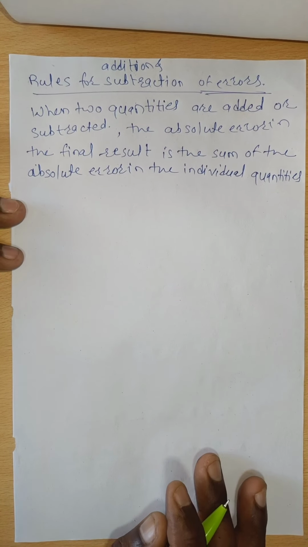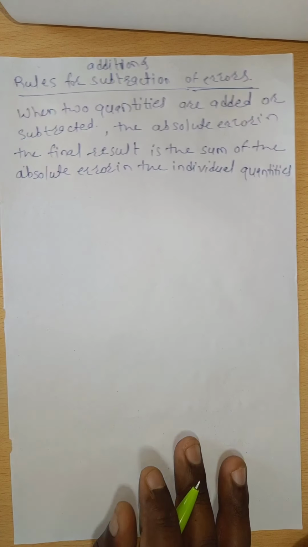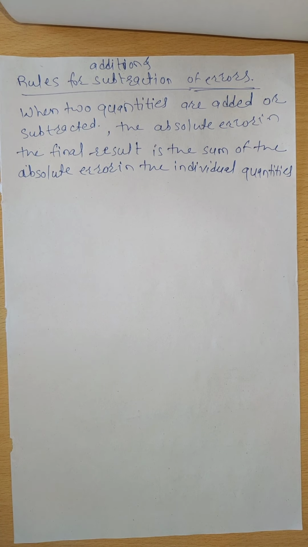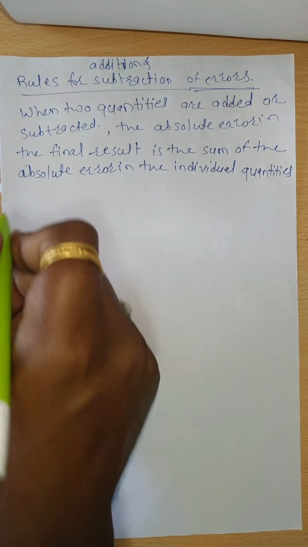It means if addition or subtraction is given, then the total absolute error, that is the final absolute error, is the sum of the absolute errors of the individual quantities.